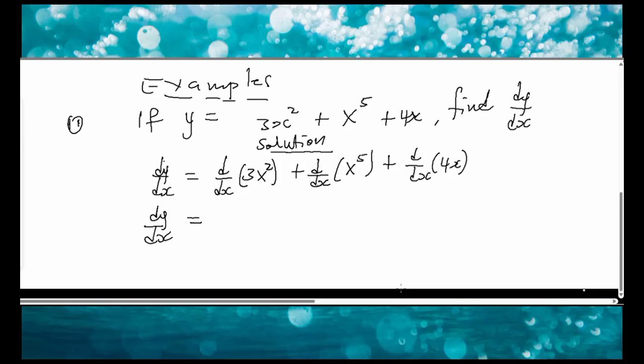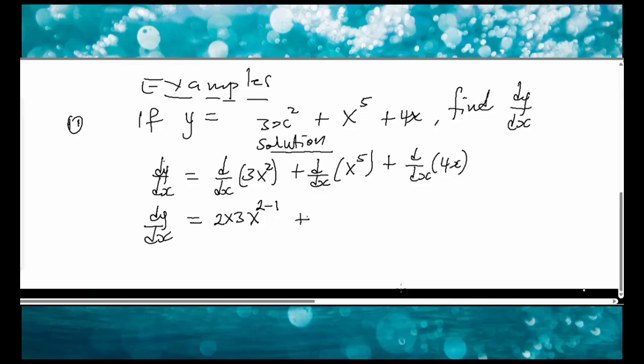Now the dy dx is going to be the derivative of 3x squared. As we've said in the previous video, we're going to multiply the power by the coefficient of this x, so we're going to have 2 times 3, then we decrease the exponent by 1, and our exponent is 2, we decrease it by 1.